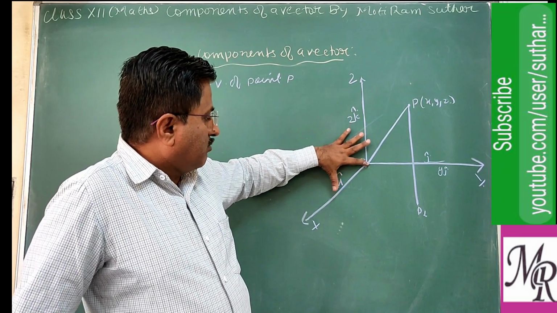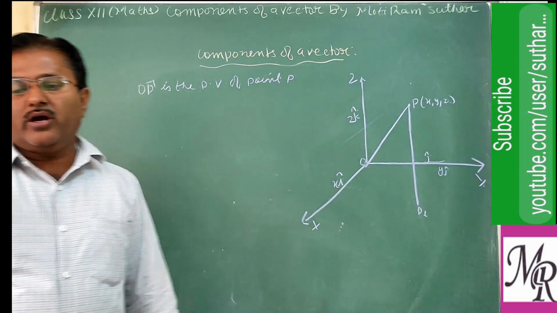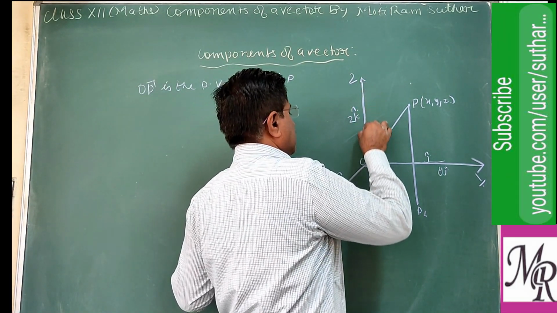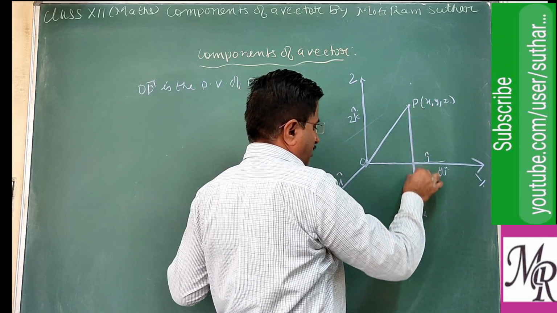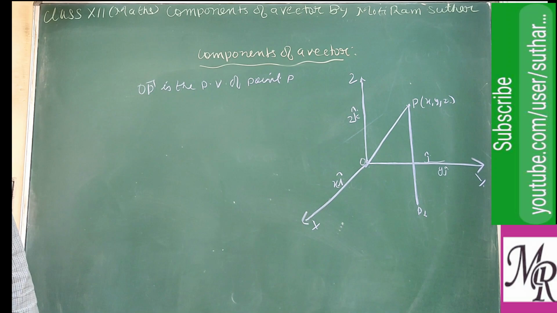But when you take more length than 1, they can be represented in the form x i, y j, z k. Now this vector is parallel to this vector, so one may write it in this way.